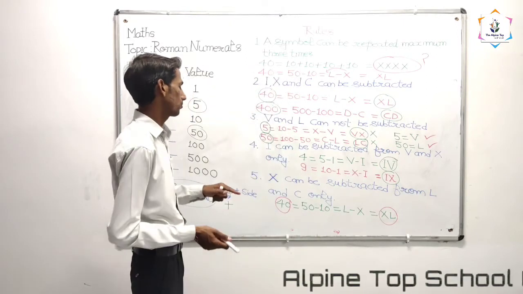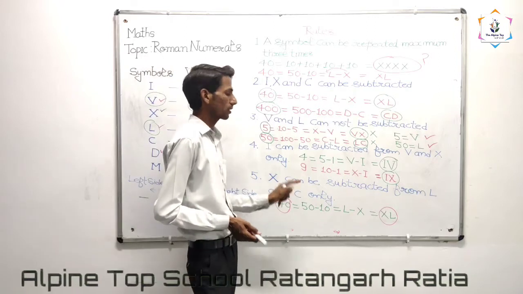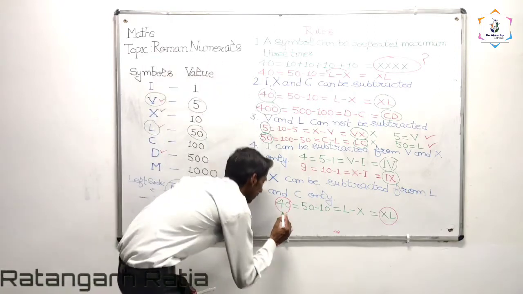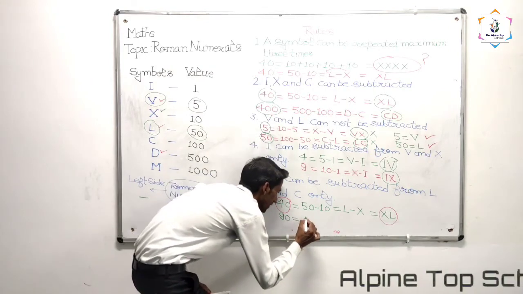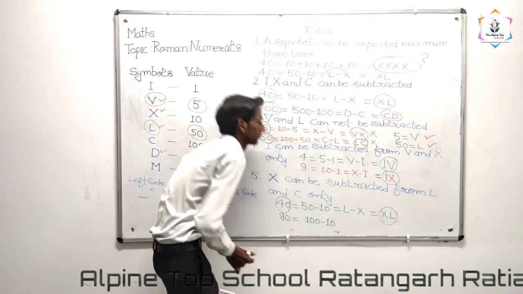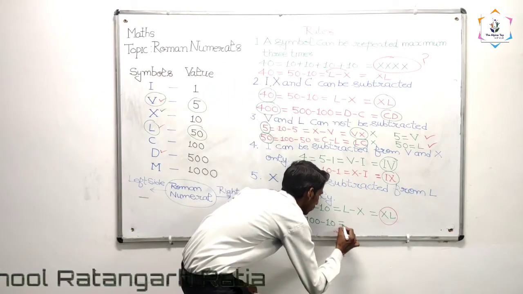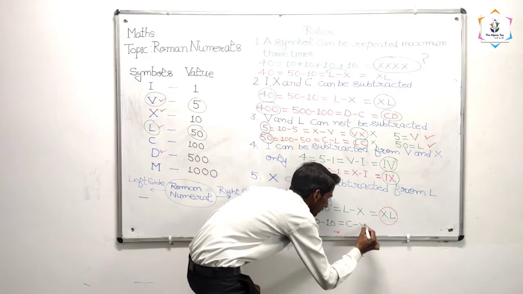But now I am going to tell one example that will show that X can be subtracted from C also. See one example. Dear student, I want to write 90. Obviously 100 minus 10 equal to 90. Now for 100 we have the Roman numeral symbol C, and for 10 X already.